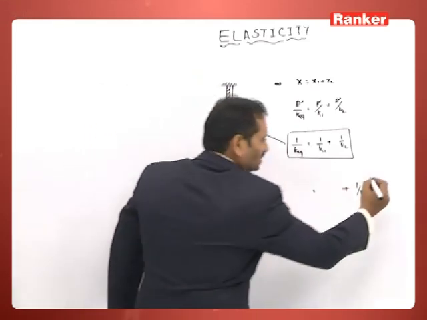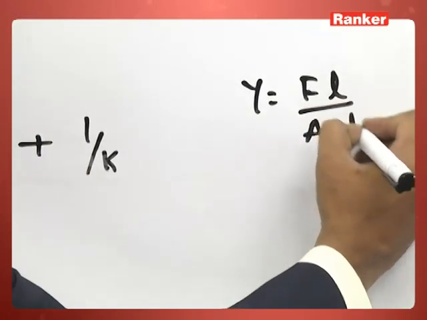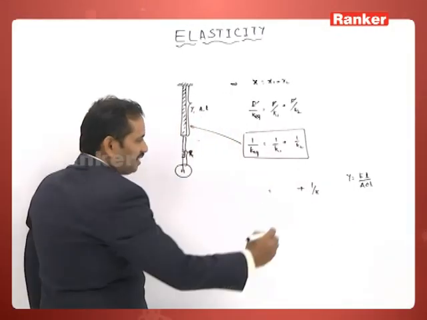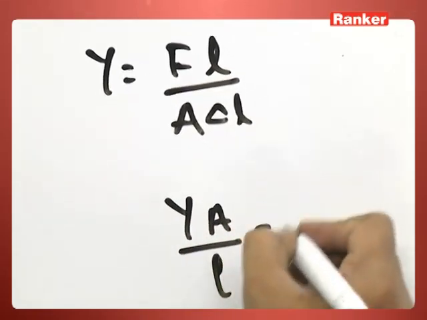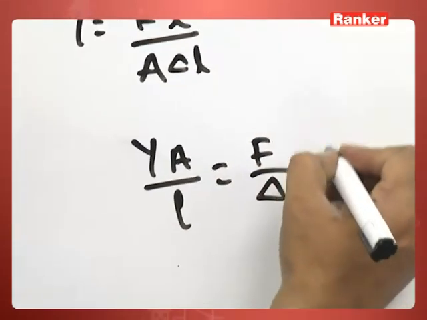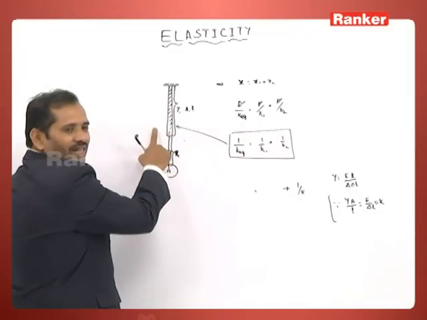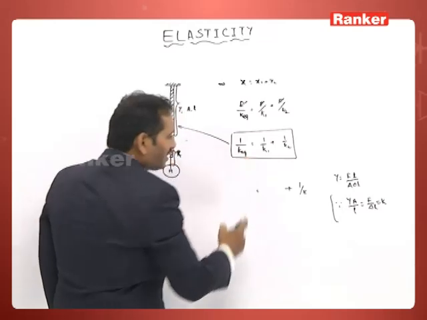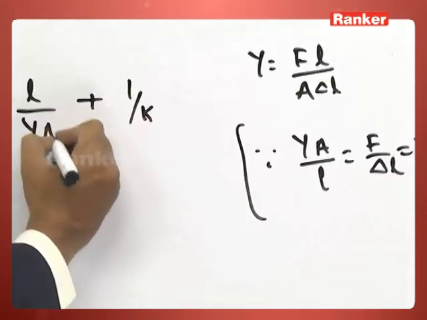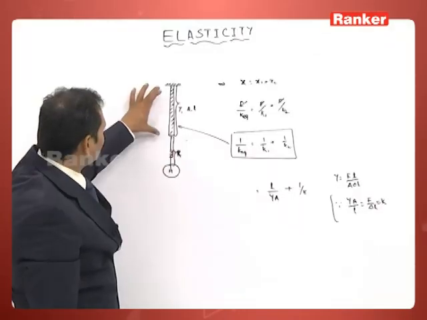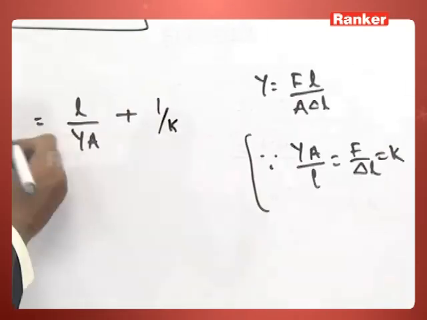Y equals FL by A delta L, where delta L is the extension. So YA by L equals F by delta L, that is nothing but K. This is the spring constant of this wire. Then I require the reciprocal, 1 by K equals L by YA, where L is the length of this wire. Then I got 1 by K equivalent.